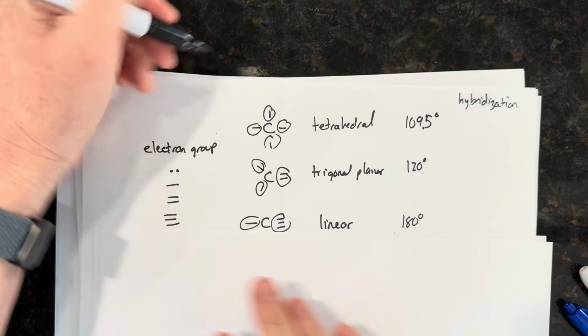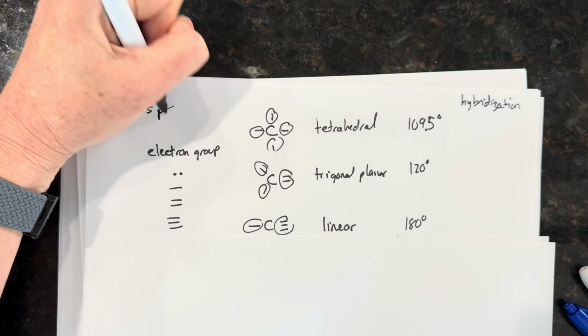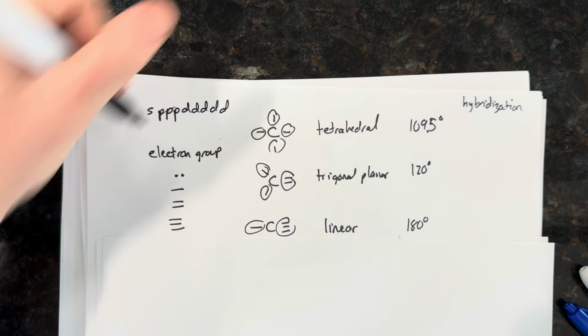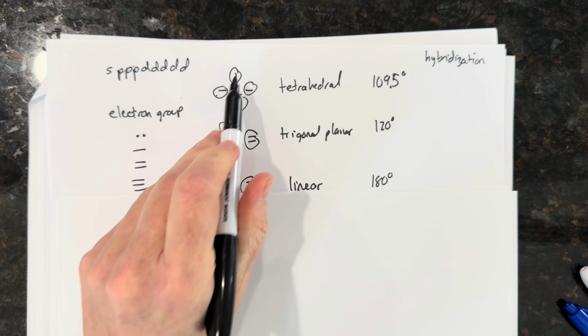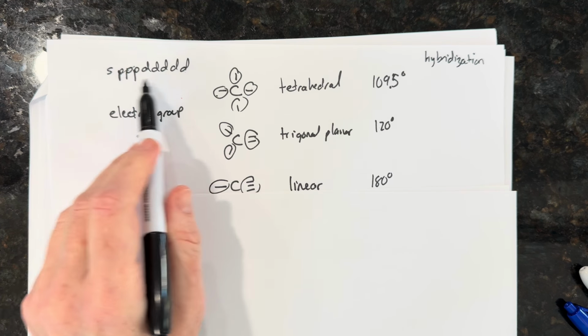Well, there was 1 s, there were 3 p's, and there were 5 d's. All you do to figure out hybridization is look how many groups are around something and then figure out how many letters that is equivalent to.